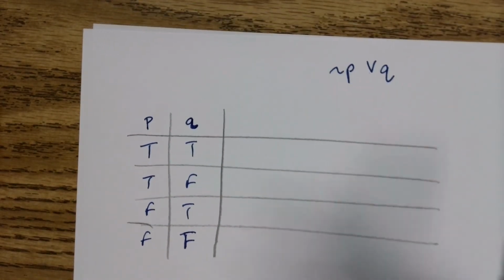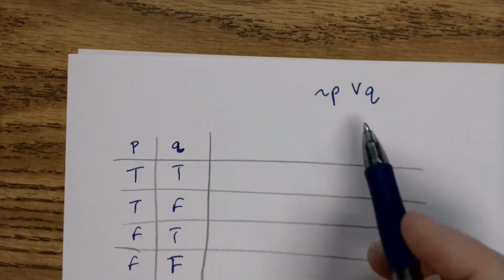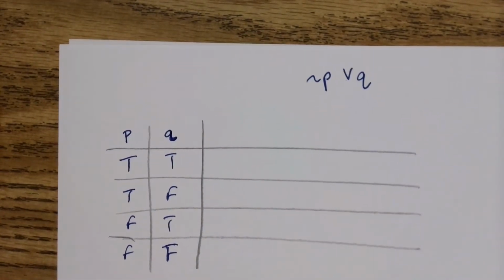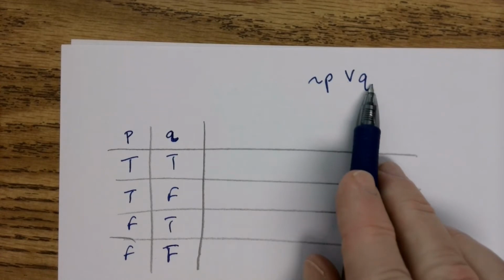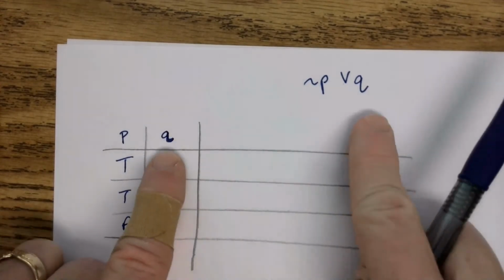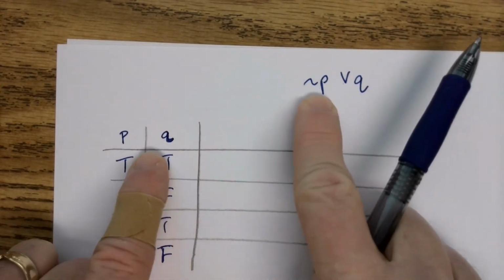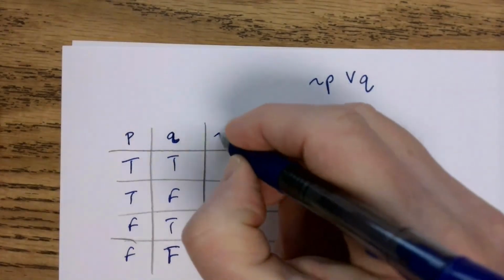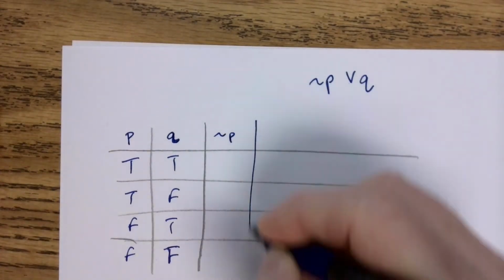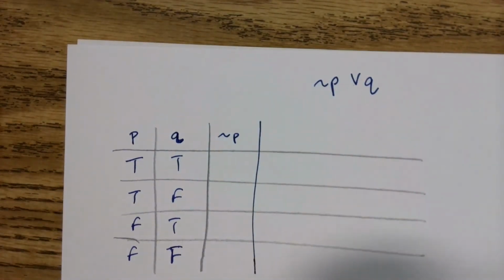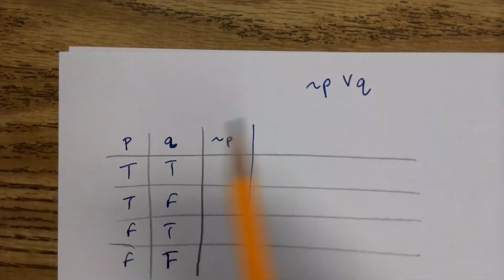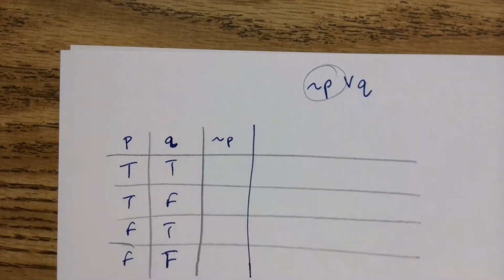We've done the basics, now we're going to do some others. We're looking for not P or Q. We have Q, that's good, right? But we don't have not P, so let's do not P. All I do is turn the switch.